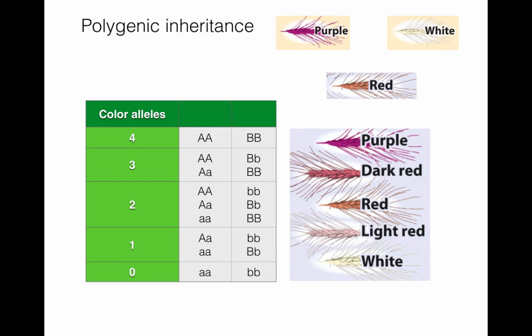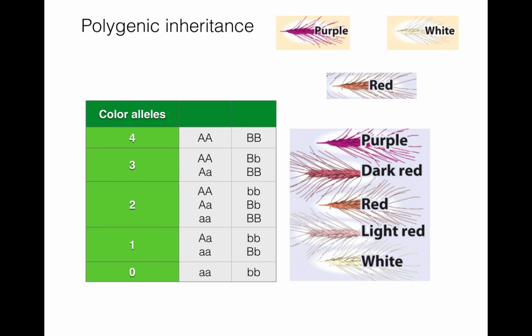One of the early examples demonstrated for this is the case of kernel color in wheat, and in fact ear color. There are some varieties of wheat that have the ear, that is the structure that holds all the seed, with little awns or little hairs sticking out. That can be either dark purple or it can be white.